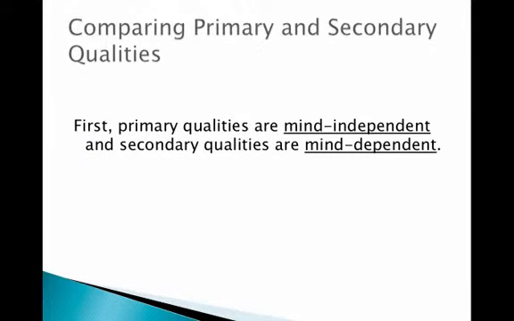Well, let's compare primary and secondary qualities some. First, primary qualities are mind independent. Secondary qualities are mind dependent. A very important distinction. This will probably show up on a quiz.